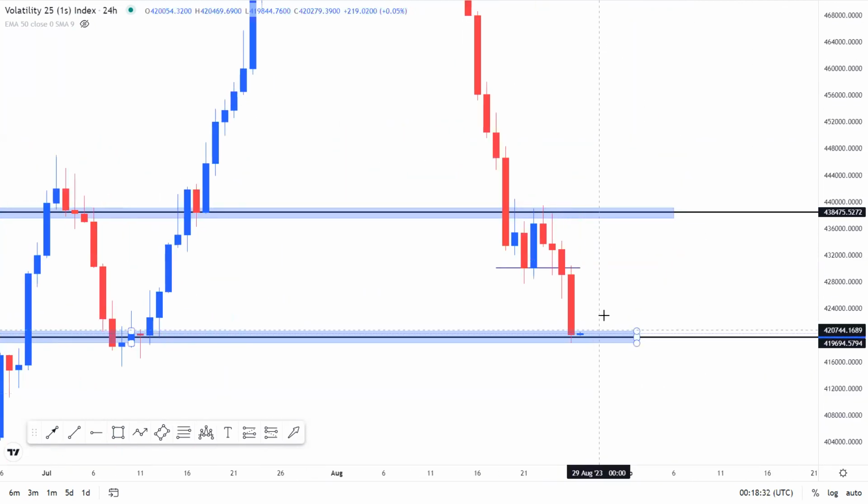And then I needed to look out for possible potential selling opportunities to ride the move to my anticipated take profit level, which would be the key level right about here.